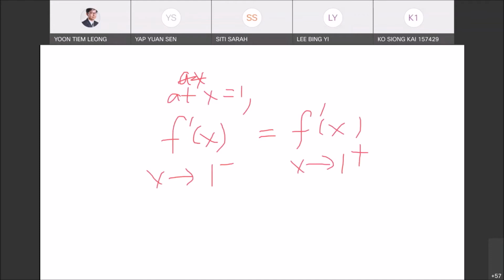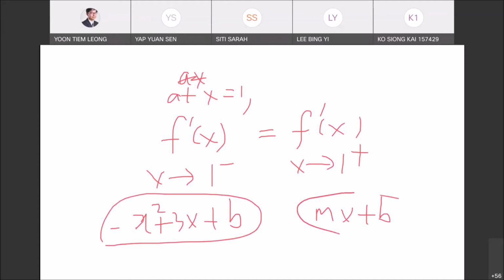When x is on the left hand side, the function is minus x squared plus 3x plus b. And when x is on the right hand side of 1, the function is mx plus b. So this is the function on the left, this is the function on the right.